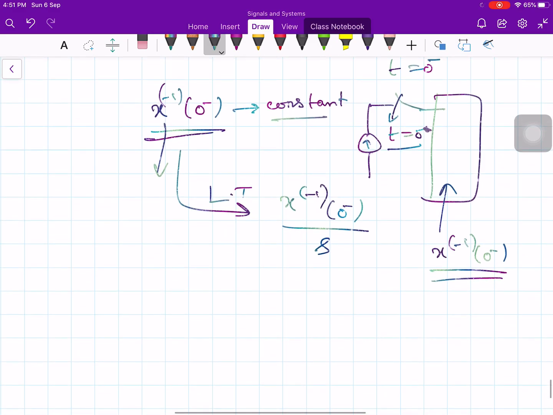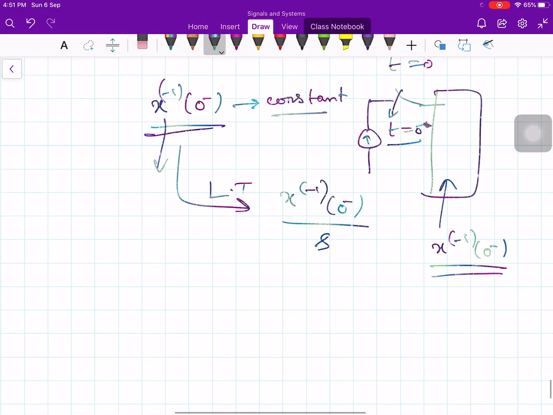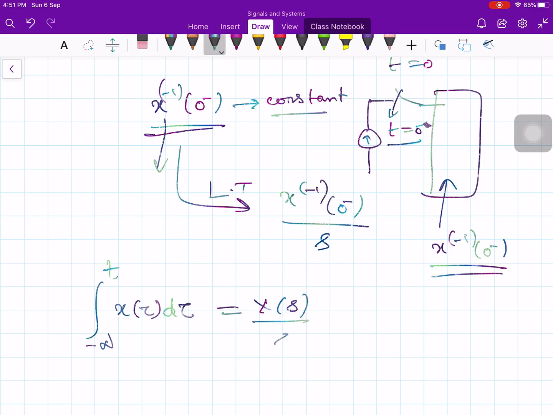So the Laplace transform of the indefinite integral from minus infinity to t of x of tau d tau is going to be x of s divided by s plus x to the minus 1 of 0 minus divided by s. That's it.